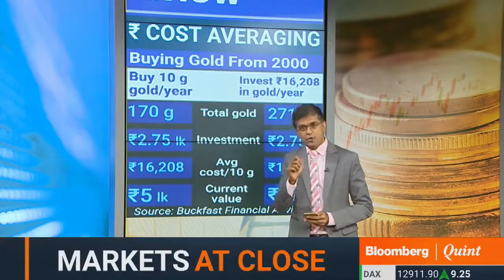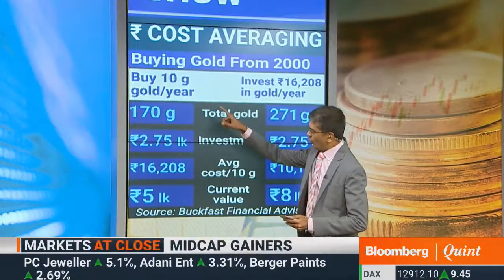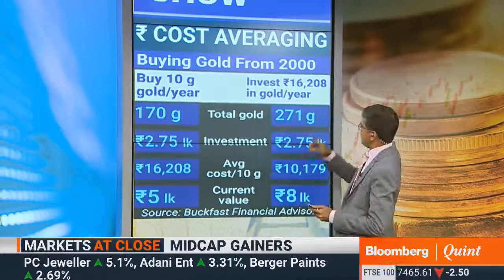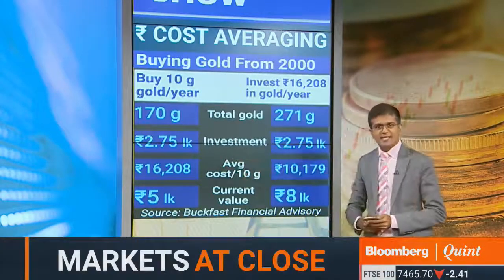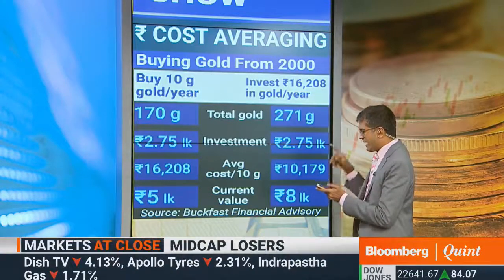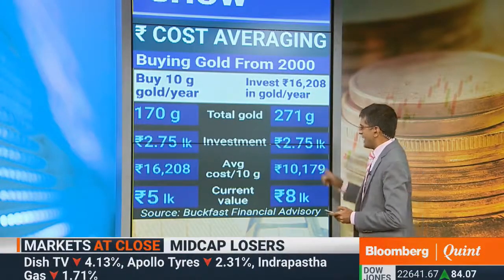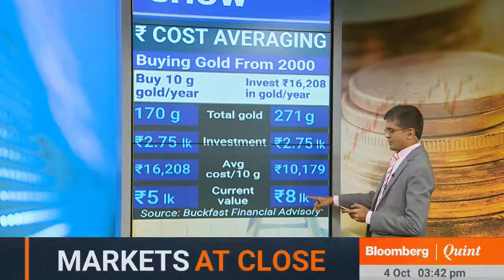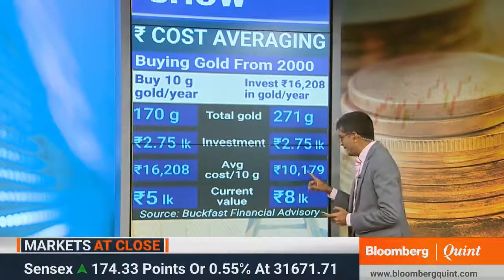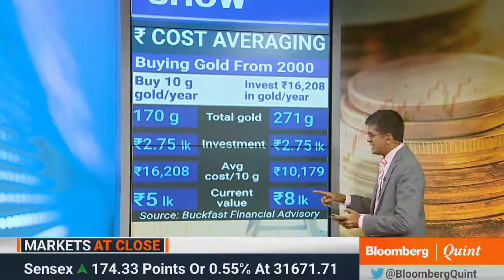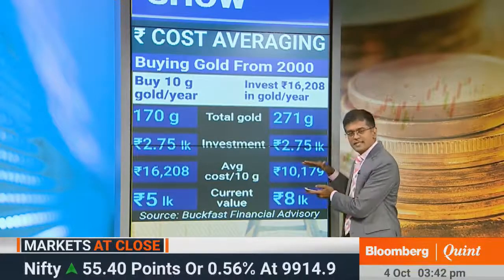If this 16,208, which is the average cost you had to incur over these 17 years, had been the amount you bought gold worth every year, instead of buying 10 grams of gold, you would have ended up with a corpus of 8 lakh rupees, and the average cost per 10 grams would have been 10,179.